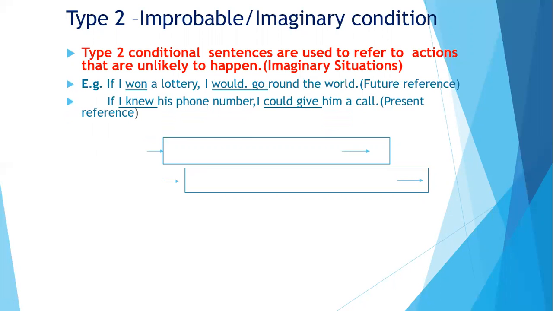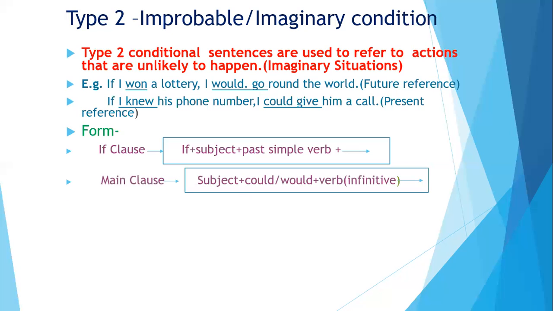Well, let's look at the structure or the form of the type 2 conditional sentences. Form. If clause. If clause consists of if, the conjunction, then comes the subject, then you have the past simple verb. Okay. Then the main clause.